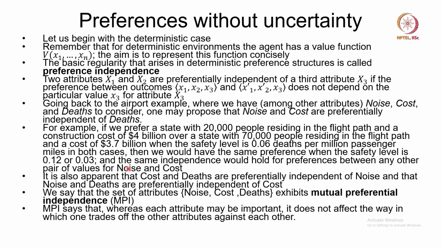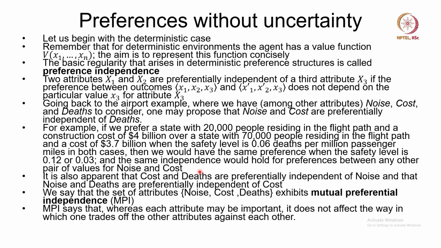Okay, so in other words, you are saying cost and deaths are preferentially independent of noise, and noise and deaths are preferentially independent of cost, right? So we have three things here: cost, deaths and noise, and if you take any two of these, they are preferentially independent of the third one.